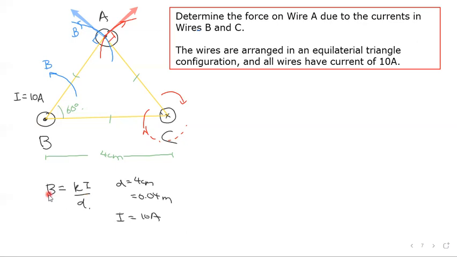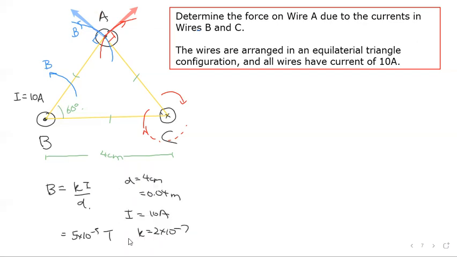In terms of the magnitude, that's just 2 times 10 to the negative 7 times 10 divided by 0.04. So it's going to be 5 times 10 to the negative 5 Tesla. So from YB, it's 5 times 10 to the negative 5 Tesla by subbing in the numbers, noting, of course, k equals 2 times 10 to the negative 7. I will leave the calculation as an exercise for you. Okay, so with those numbers put in, we get the B.